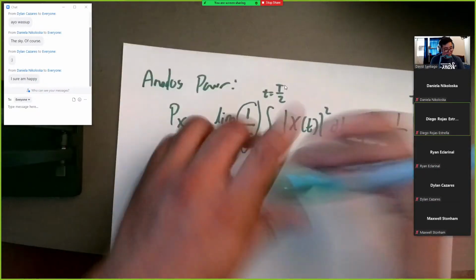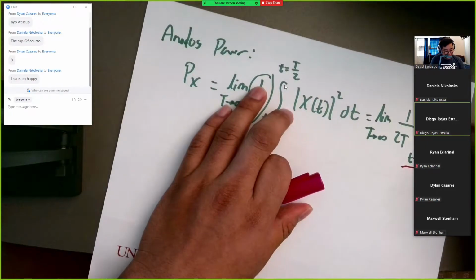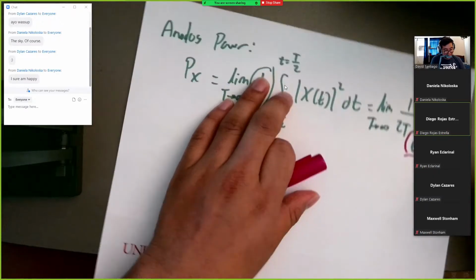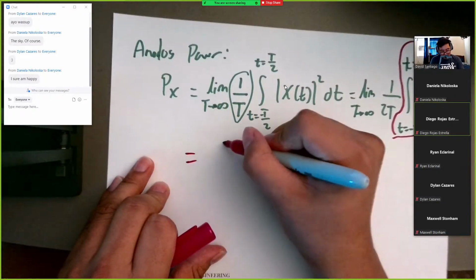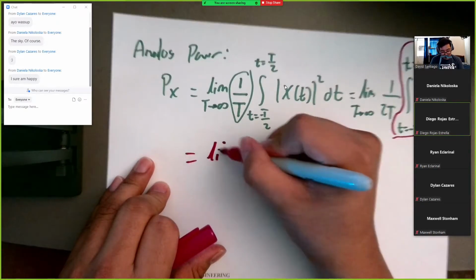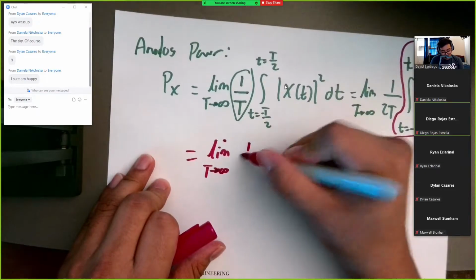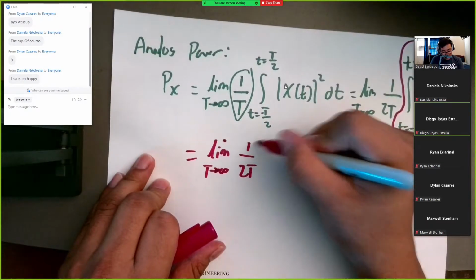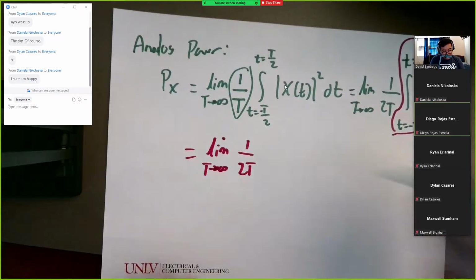And then this right here, I'm just going to circle that squiggly, is basically the definition of energy. So if you were to write this, limit as t goes to infinity, 1 over 2t, and let me just write this in green, E.